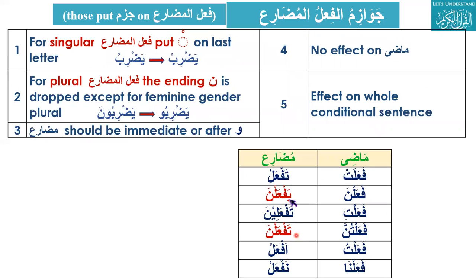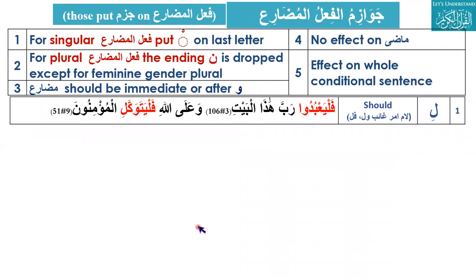So these mudari will become majzoom. How? For the singular they will just put a jazm, and for if'al khamsa they will just drop the noon. Yaf'aluna, taf'aluna, taf'alina, yaf'alani, and taf'alani.